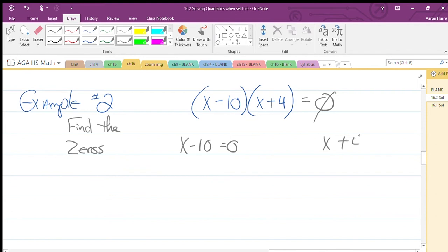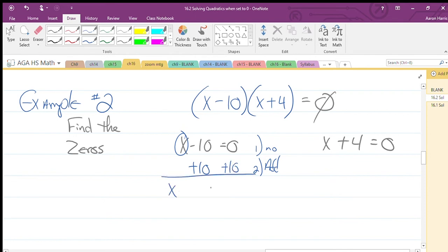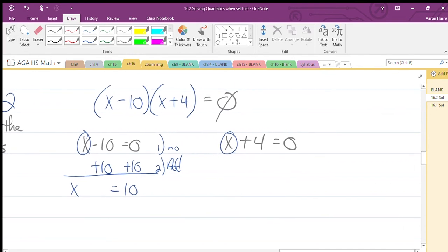X plus 4 is equal to 0. Now, if I do that, I can solve for what? X. First step, simplify, combine like terms, nothing to do. Second step, I'm going to add. So I add 10, add 10. X equals 10.